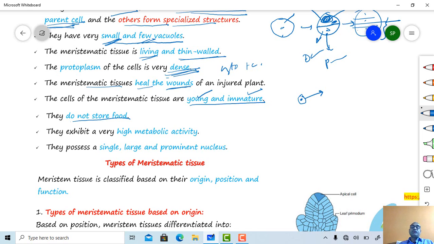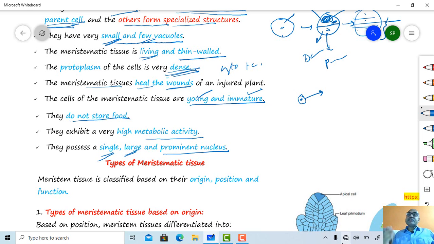They exhibit very high metabolic activity. Generally, metabolic or synthetic activity is very high among these meristematic tissues, and they possess a single, large and prominent nucleus. So meristematic cells are those cells which show mitosis.